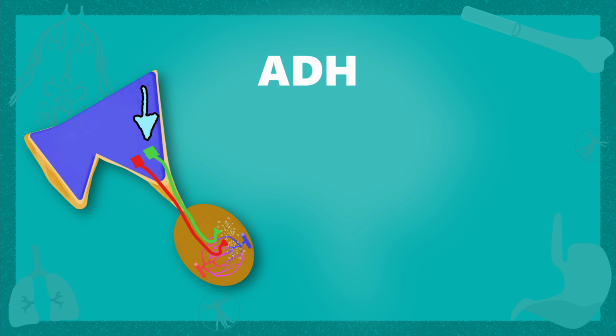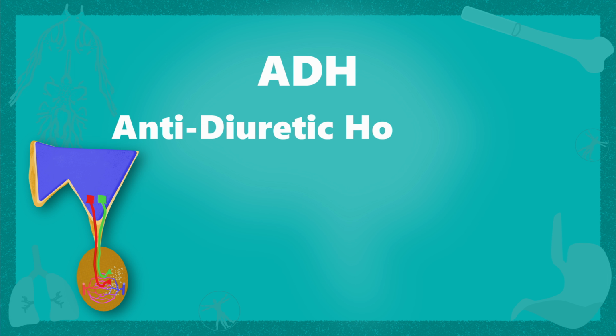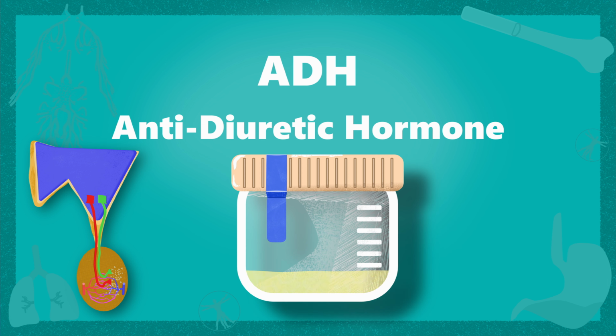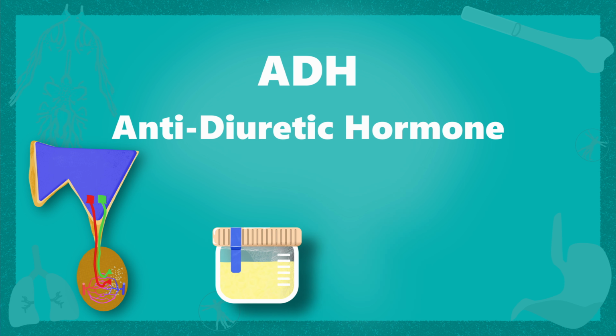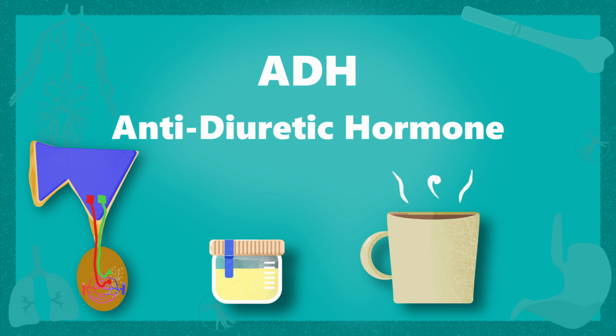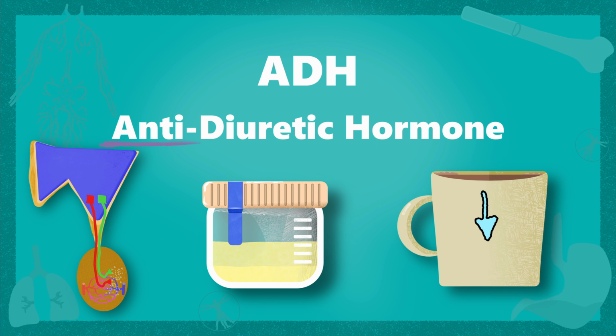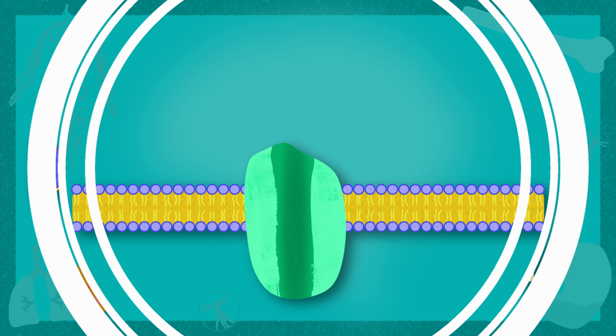So ADH stands for anti-diuretic hormone. And what is a diuretic? Well, a diuretic is something that increases urine production, like the caffeine in your coffee. If you want to say it scientifically, you could say that consuming coffee promotes diuresis. So anti-diuretic hormone is something that decreases urine production.